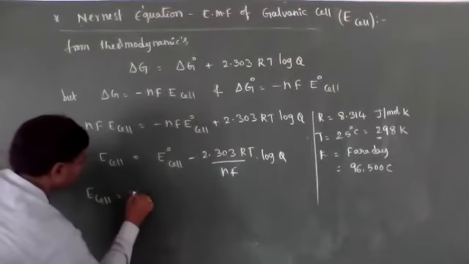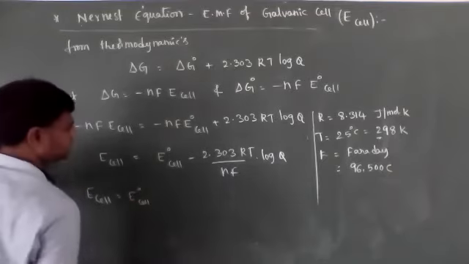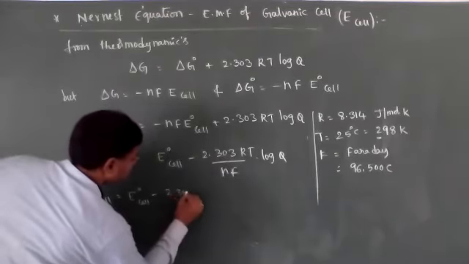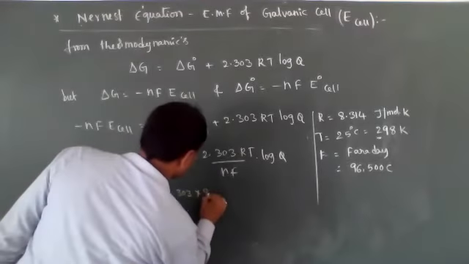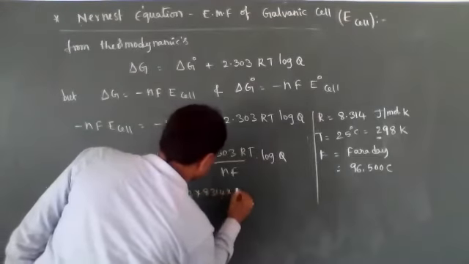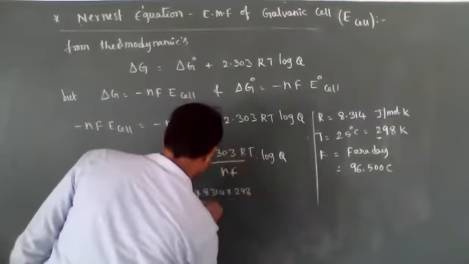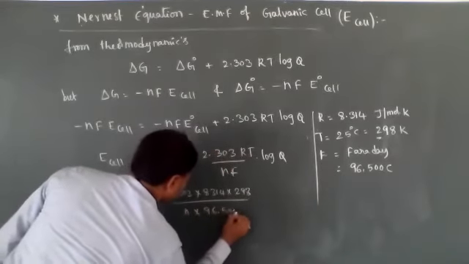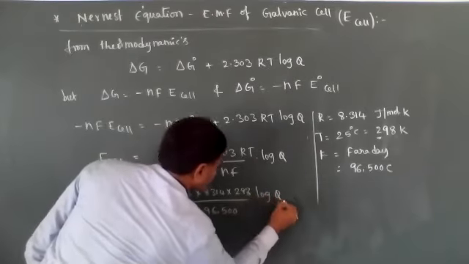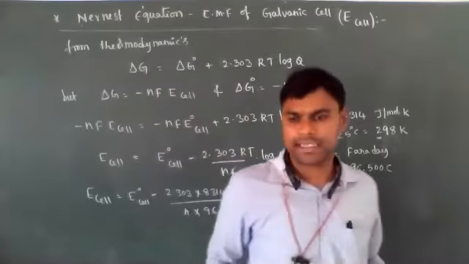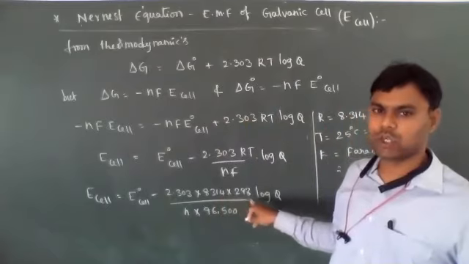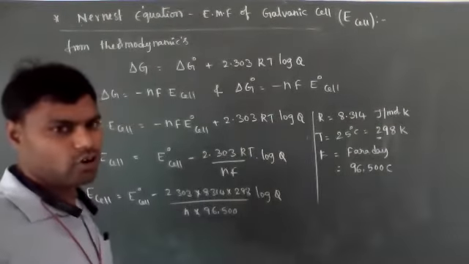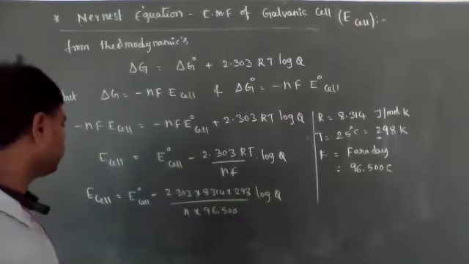E cell is equal to E0 cell minus 2.303 into 8.314 into 298 by n into 96,500 into log Q. If you multiply 2.303 into 8.314 into 298 and divide by 96,500, we get approximately 0.059.